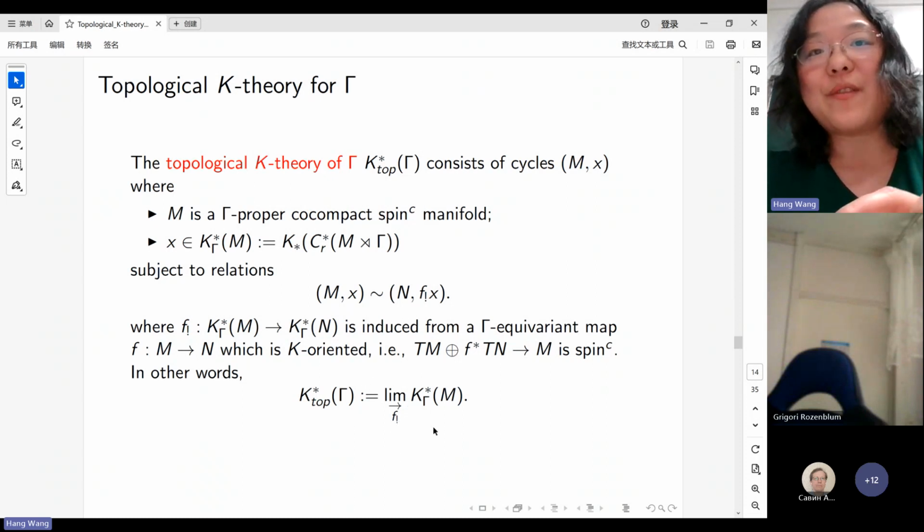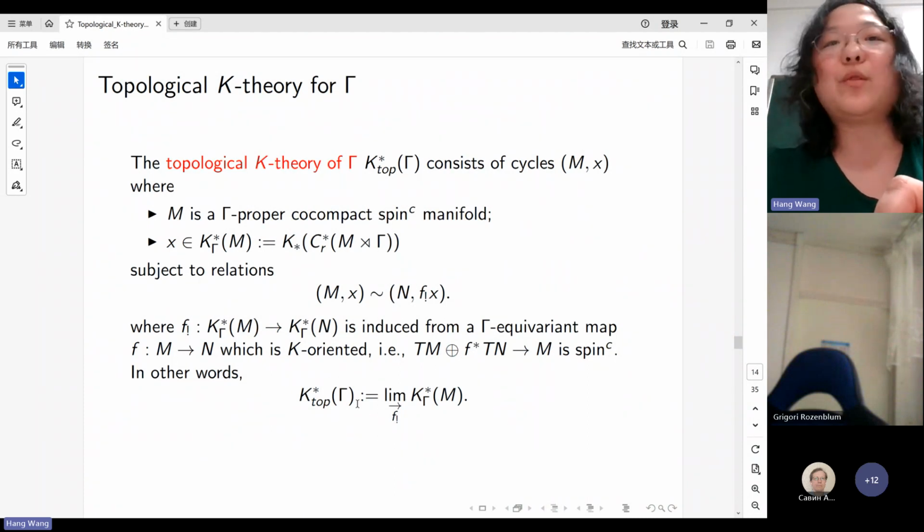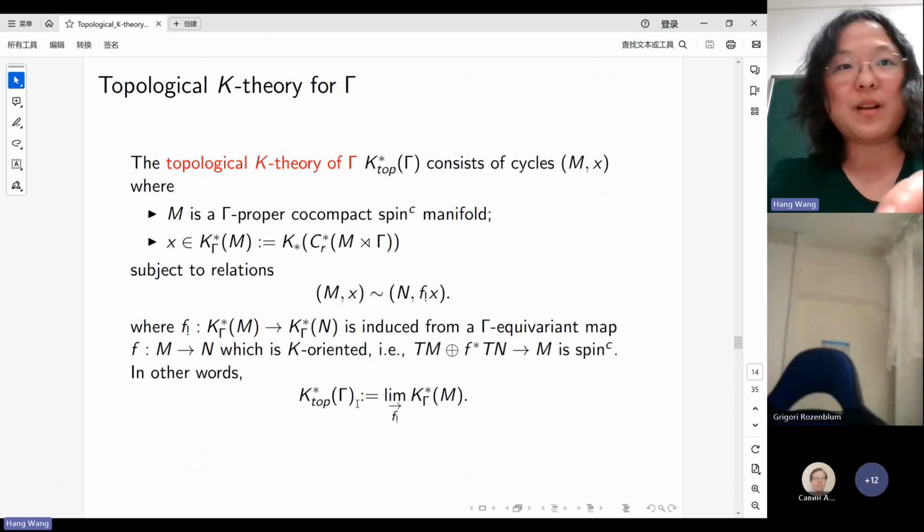Recall that in the definition, this manifold appeared, but the inductive limit is independent of the manifold being chosen.